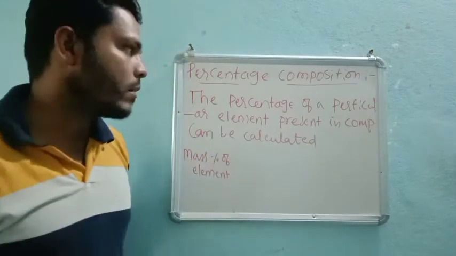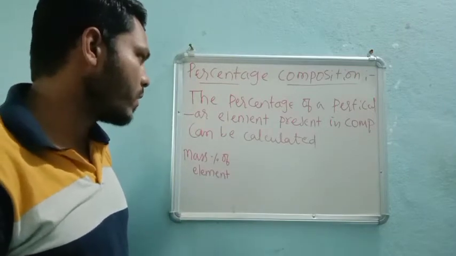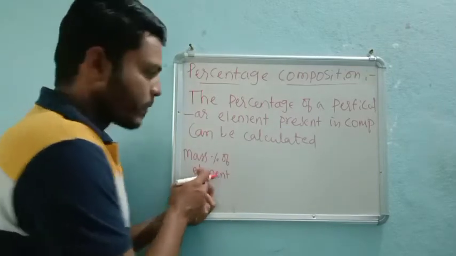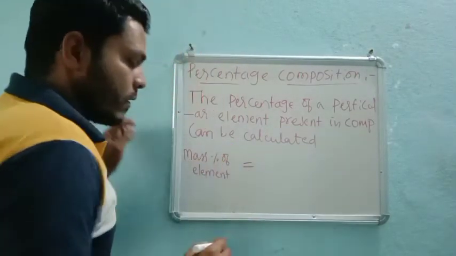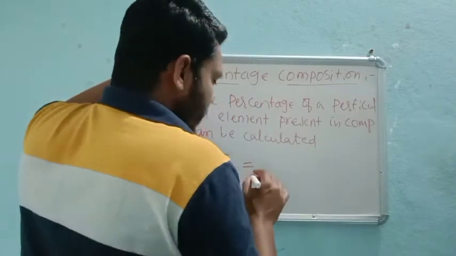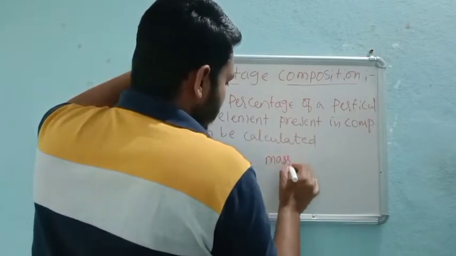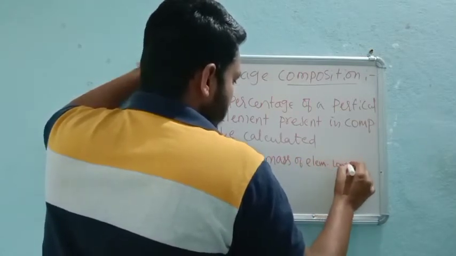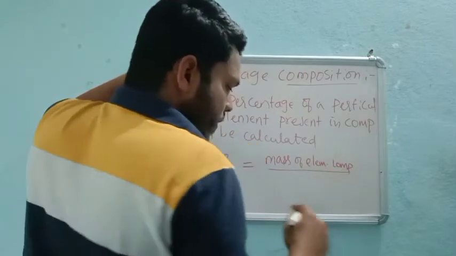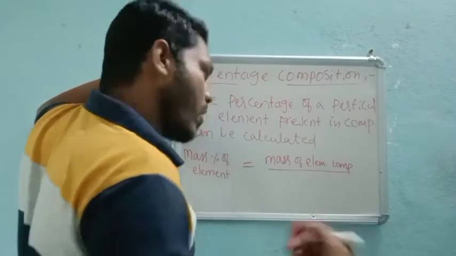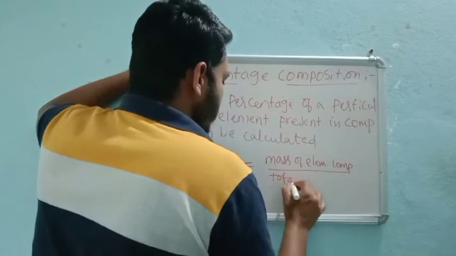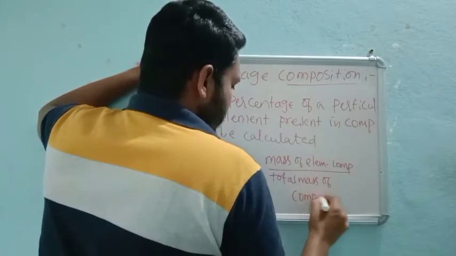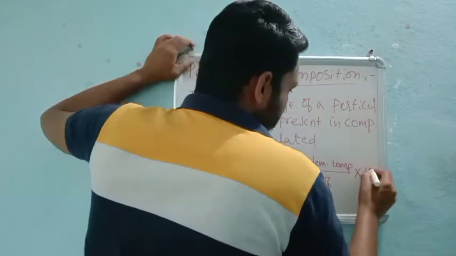If they ask by giving water molecule as a compound, if they ask you to calculate about hydrogen, the element will be hydrogen, which is equal to, right, mass of the element in the compound divided by molar mass of the compound, or else total mass of the compound, into 100 for percentage.